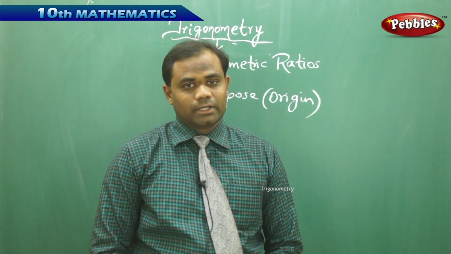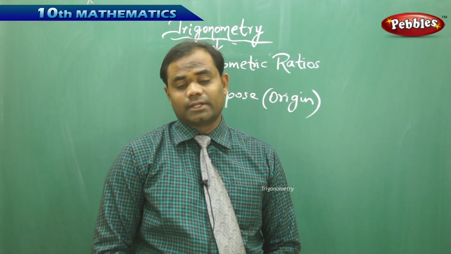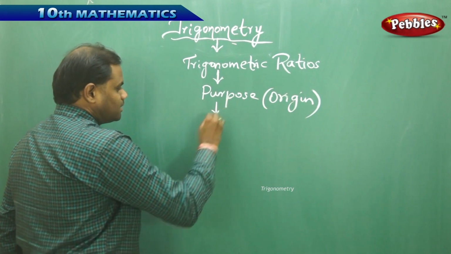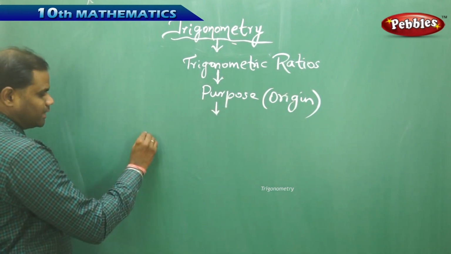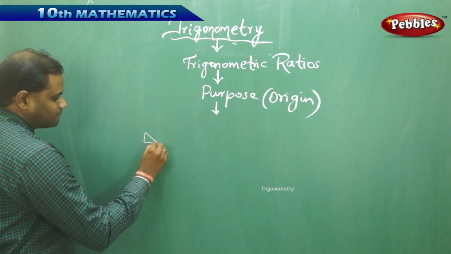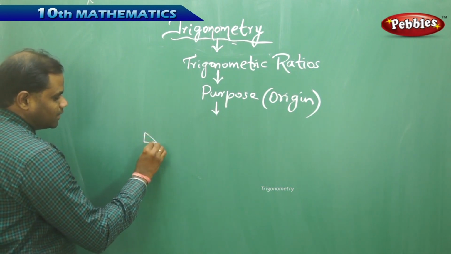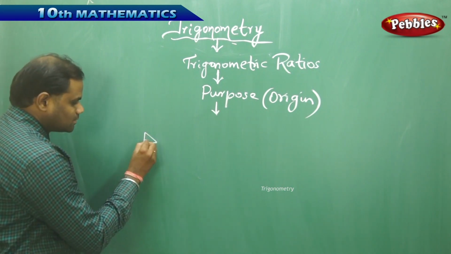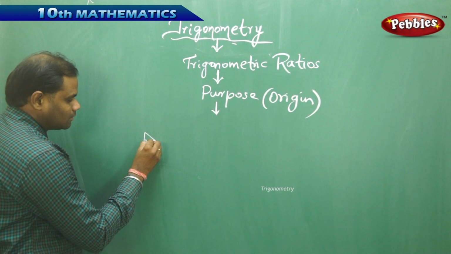So let's see how it comes into existence, of course connected with right angled triangles. Let me imagine a right angled triangle which is quite small here. I take a very small right angled triangle, right angled at this, and this being theta.